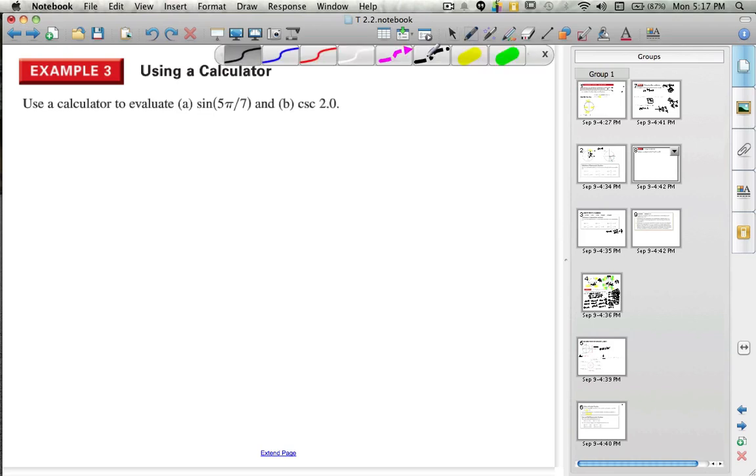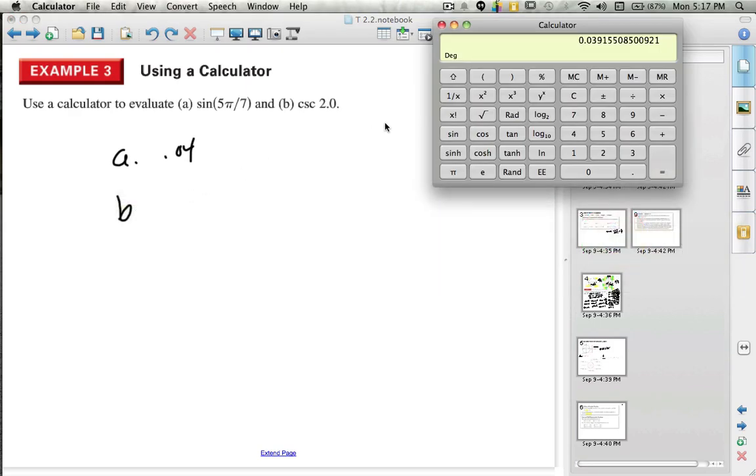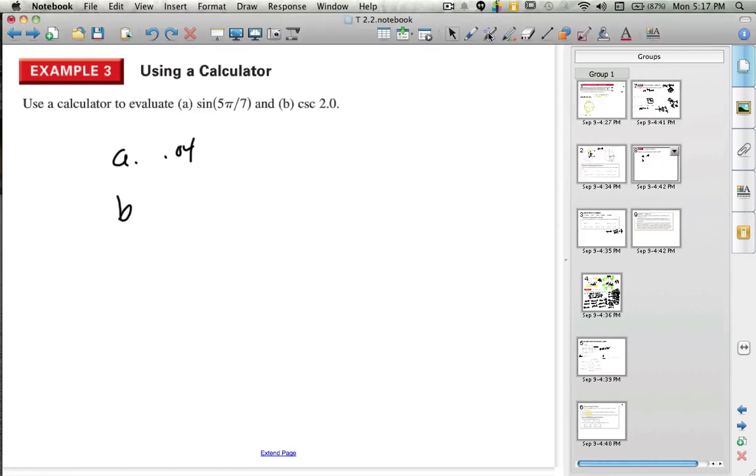So A is 0.04, and B, a little more possibly confusing, is cosecant. Remember, cosecant is the inverse of sine. So I have 2.0, let's find its sine value, and then find the inverse of that. It's 28.65.